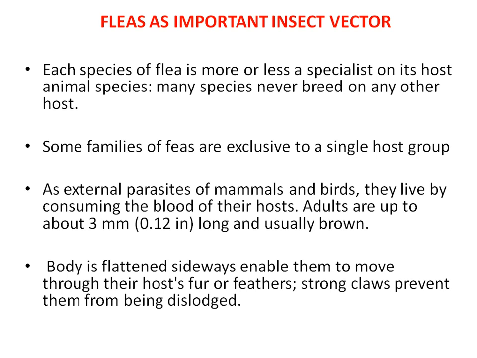The body is flattened sideways, enabling them to move through their host's fur or feathers, and strong claws prevent them from being dislodged. Since the wings are completely absent, the legs are modified for jumping from one place to another over a considerable distance.